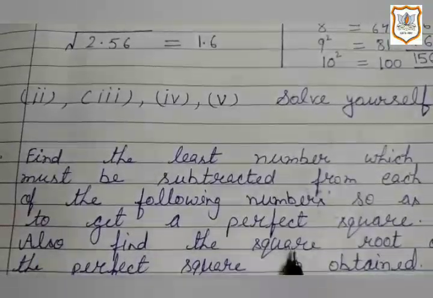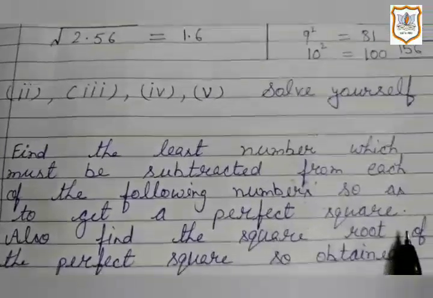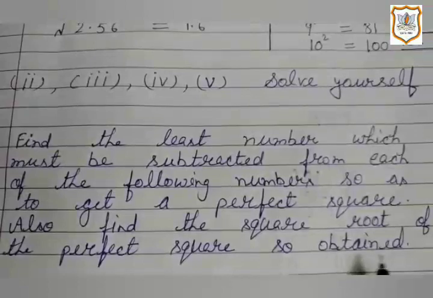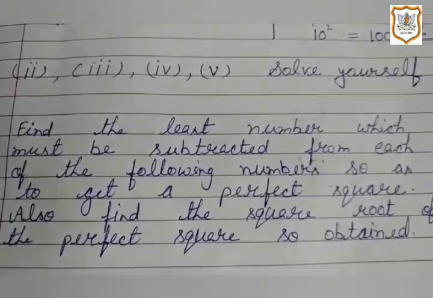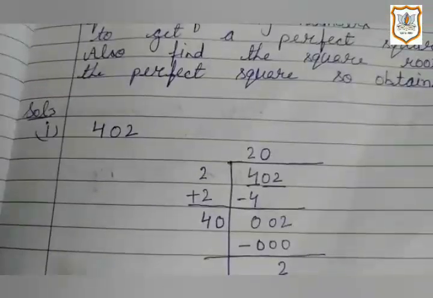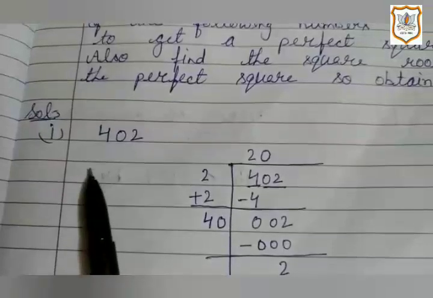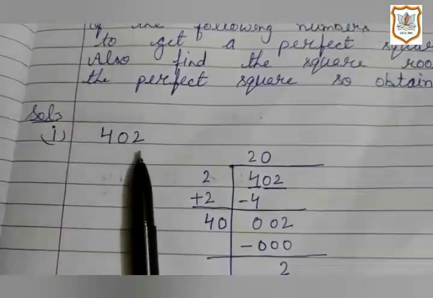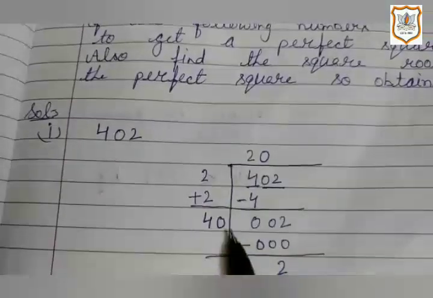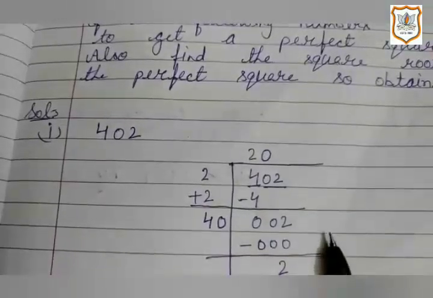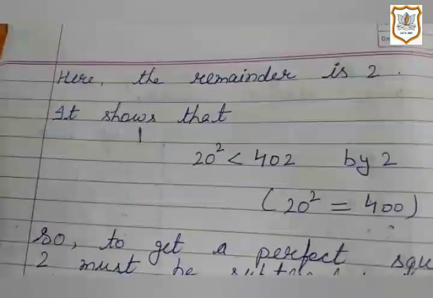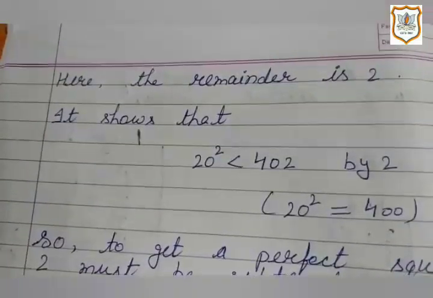Also find the square root of the perfect square so obtained. We take the first part. The first part is 402. When we solve 402 by the division method, we get 2 as a remainder. Here the remainder is 2.